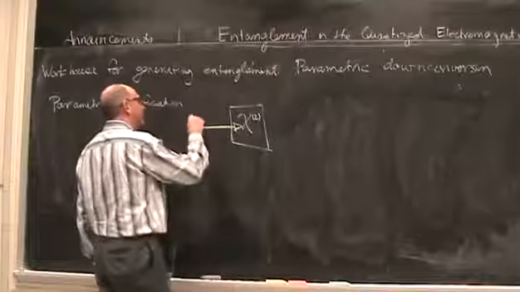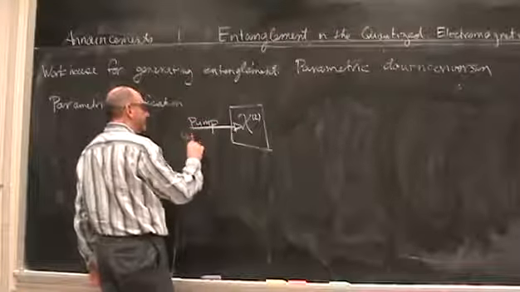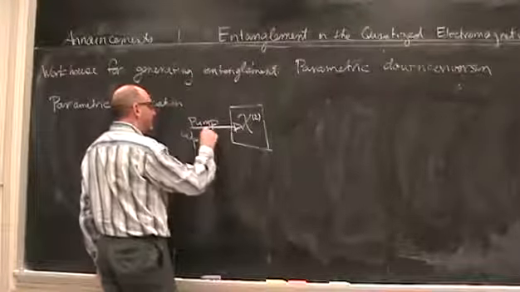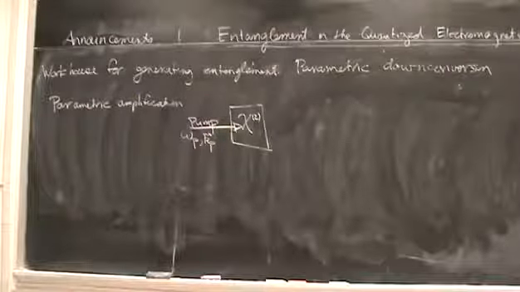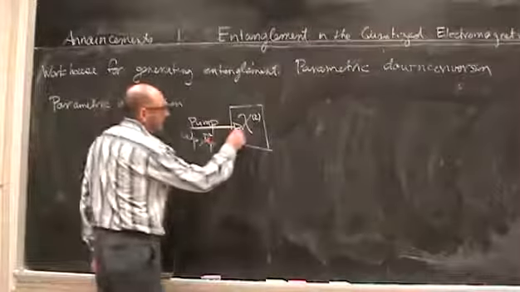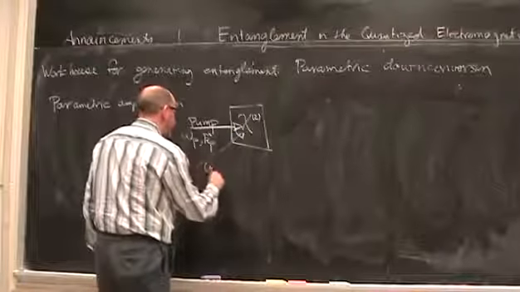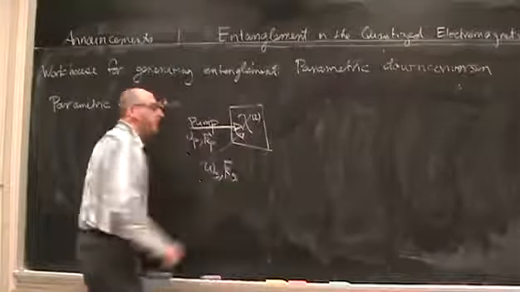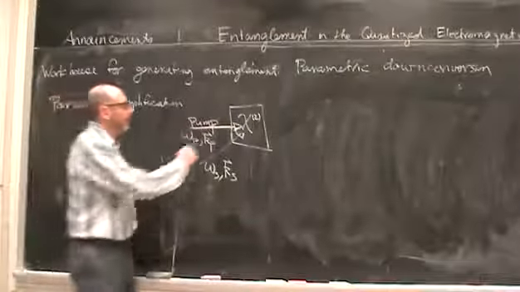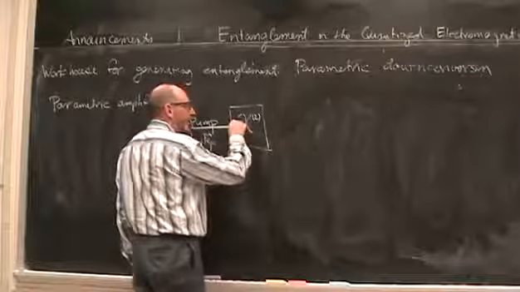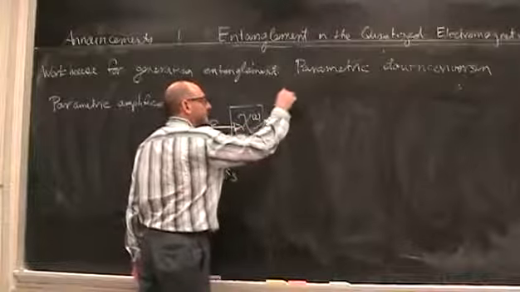So let's just write this. At the pump, at some frequency and some wave vector, which we typically call the z direction. If we inject into this crystal another beam, which we call the signal, that we want to amplify, which has some much lower frequency than omega pump, then there is a process by which we can transfer energy from the pump beam into this one and amplify it.